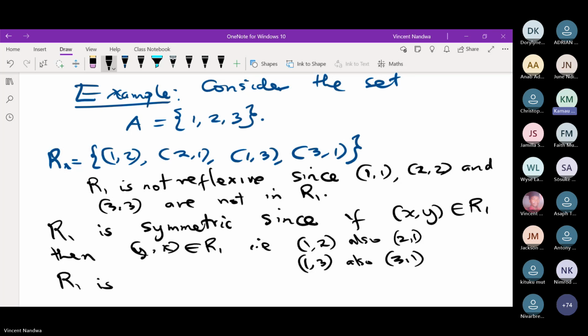No, it's not antisymmetric. What makes it not antisymmetric?